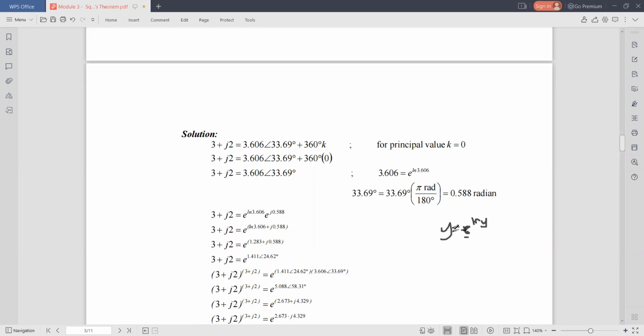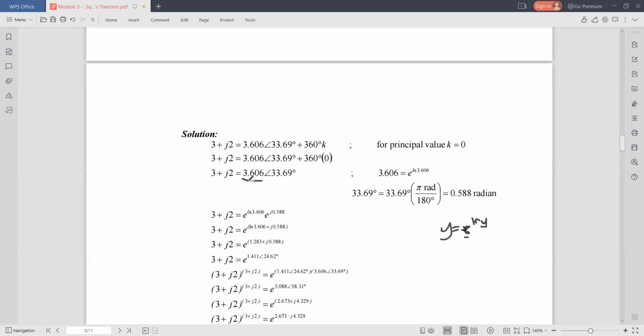For this case, convert natin yung magnitude, yung 3.606, into logarithmic form para ma-add natin later on sa exponential form niya.